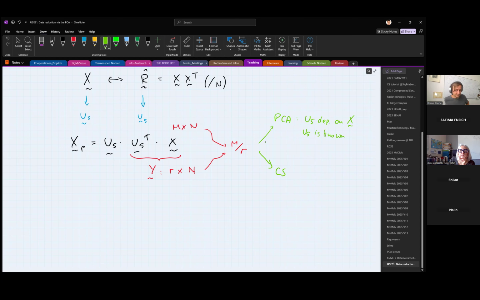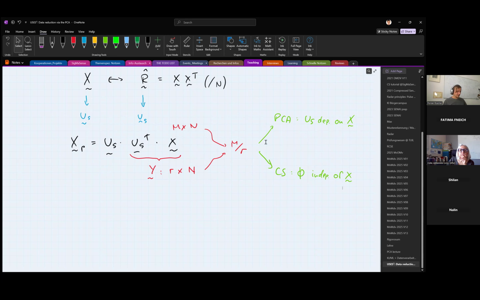It's known to the transmitter and to the receiver, but to devise U_S, we need to have access to the data. Whereas in compressed sensing, the matrix Phi with which we compress can be chosen independently of X. Of course, it has to be known at the decoder as well, but the encoder does not have to know anything about the structure. So that's maybe the difference.